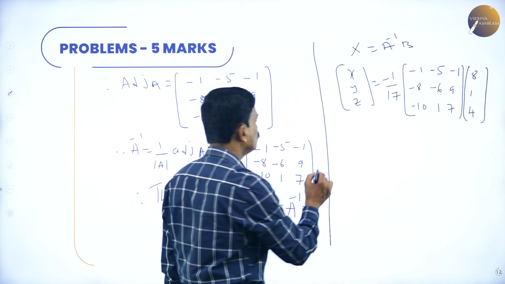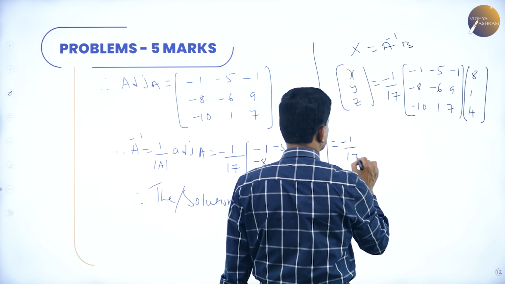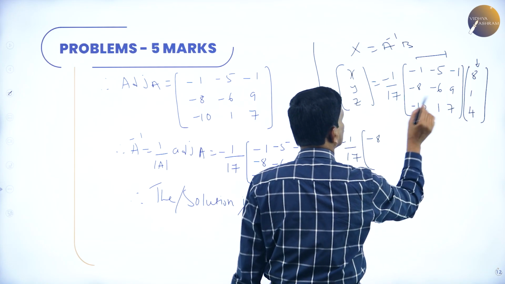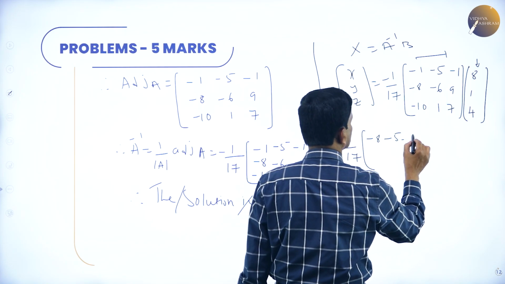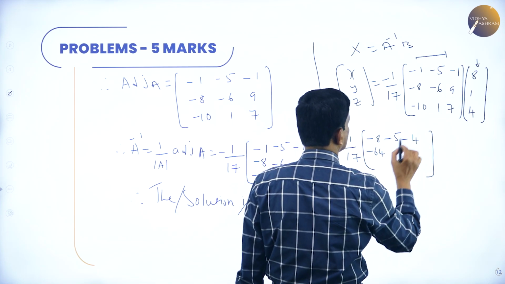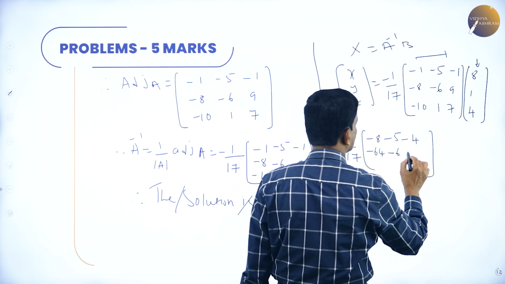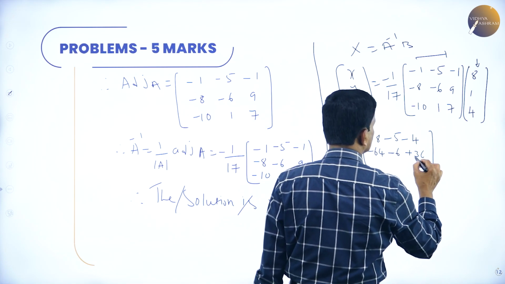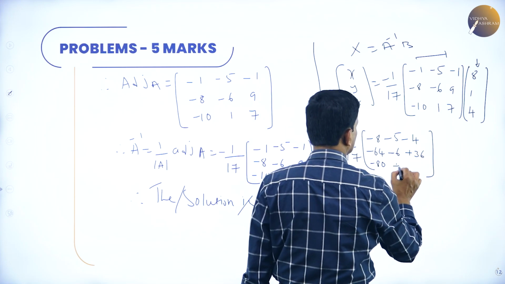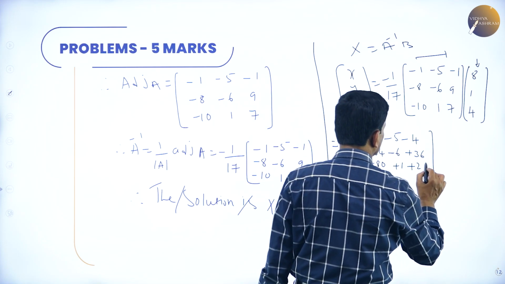Now, what is this equal to? Minus 1 over 17 into first row, first column: 1 8s are 8, minus 5 1s are 5, minus 1 4s are 4. Again 8 8s are 64, minus into plus it is 6 1s are 6, 9 4s are 36. Again minus 10 into 8 is 80, plus 1 1s are 1, plus 7 4s are 28.